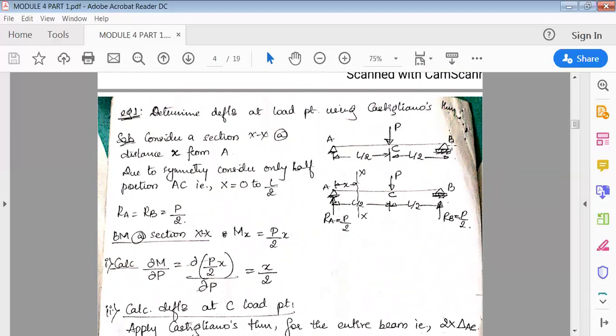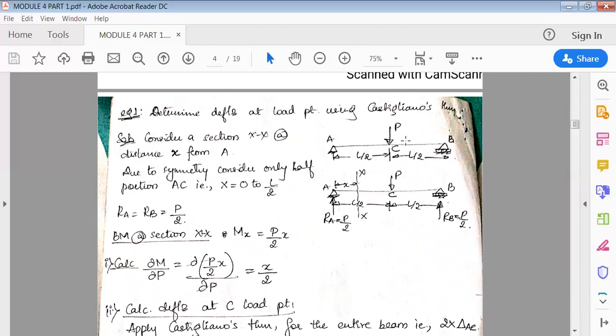AB is a simply supported beam, and there's a P load exactly at the center C, which is at half of the distance, L by 2 and L by 2. First thing, as it is the most important thing here, you have to find the reactions. It is a simply supported beam in which the load is acting exactly at the center.